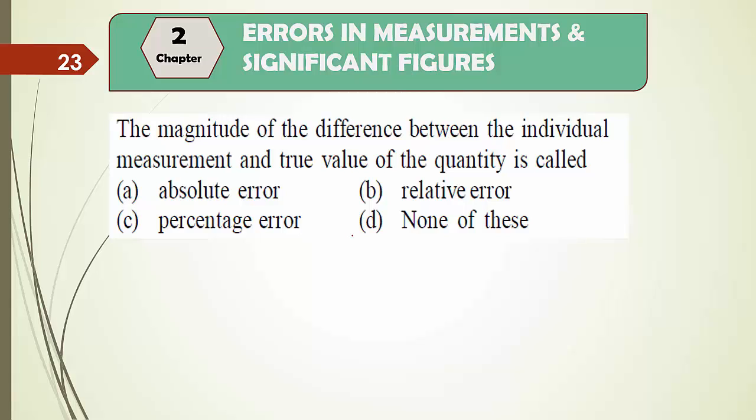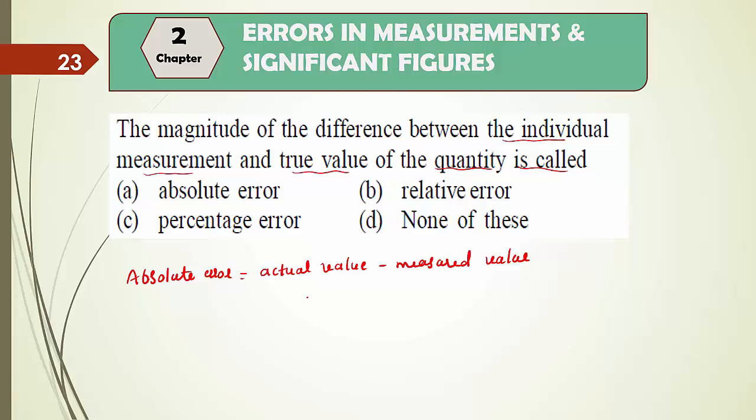The question is: the magnitude of difference between the individual measurement and the true value of the quantity is called. That means we know the equation: actual value minus measured value gives absolute error.